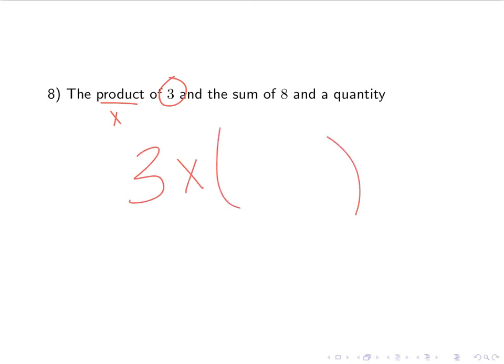What is that something? That something is the sum of 8 and a quantity. I'm going to call my quantity y. Sum means addition. So product of 3 and something, 3 times something, that something is a sum. Make sure you put it in parentheses. And I wrote it without the x being multiplication, so 3 times (8 plus y).